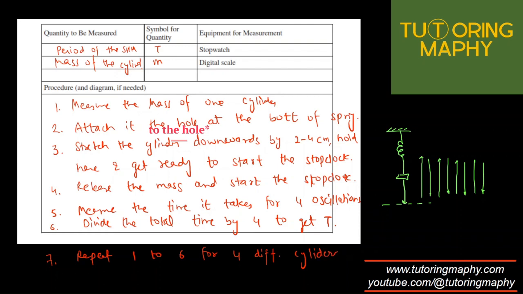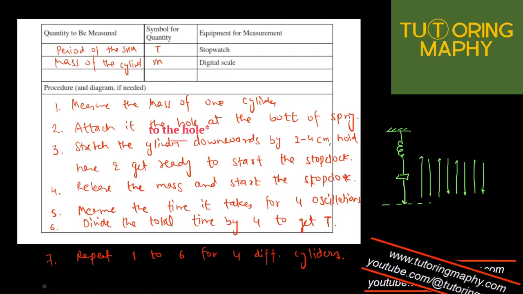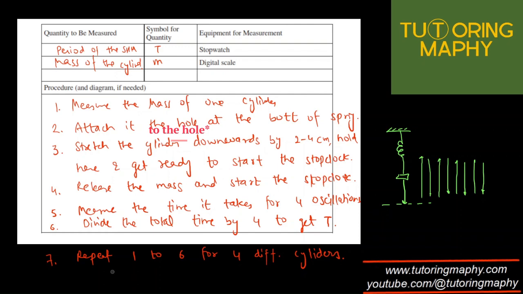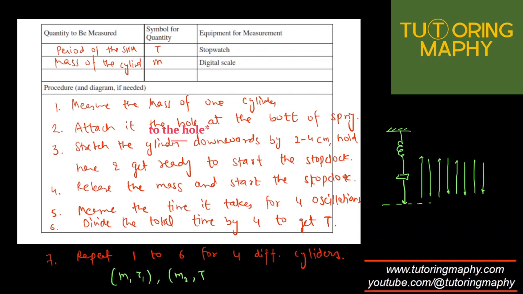That way we will minimize our error, right? So if we do this, we will have 4 sets now. We will have one set of, let's say, M1 T1, then M2 T2, then M3 T3, then M4 T4. We will have these 4 sets.